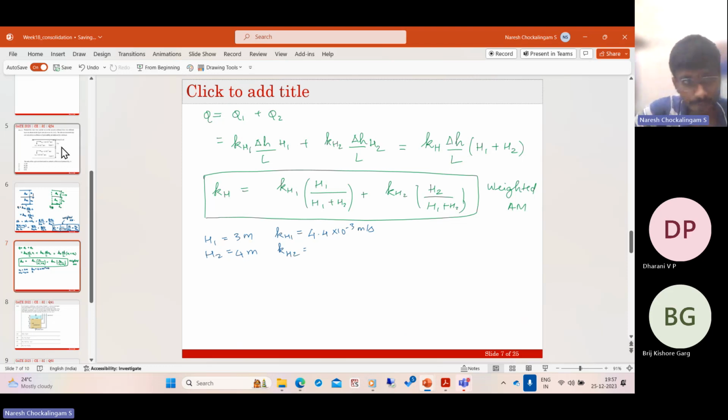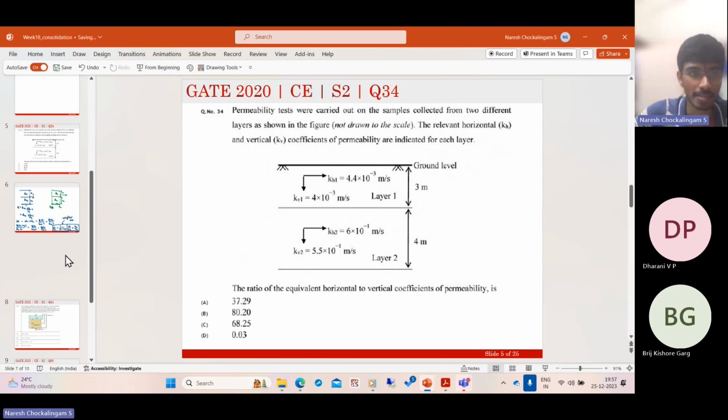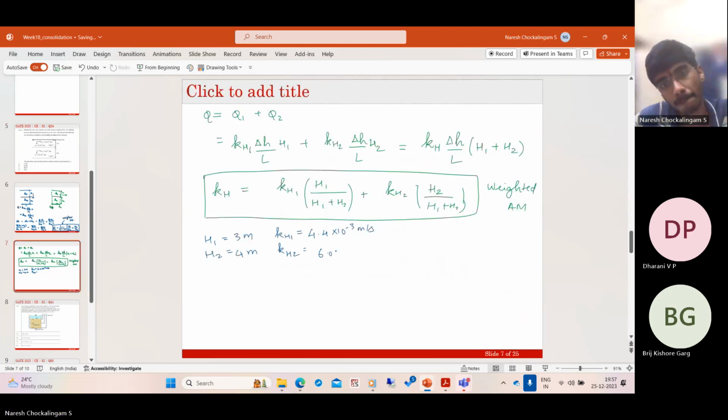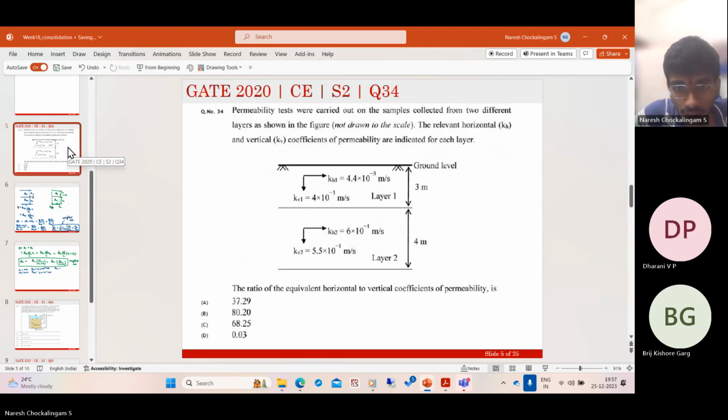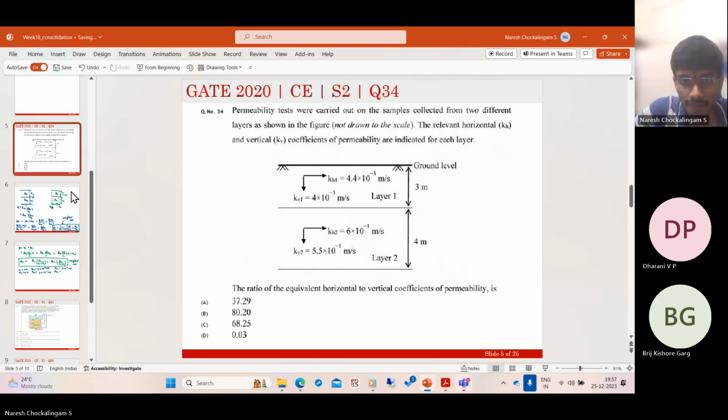KH2 is equal to 6 into 10 power minus 1. And KV1 is equal to 4 into 10 power minus 3. And KV2 is equal to 5.5 into 10 power minus 1.